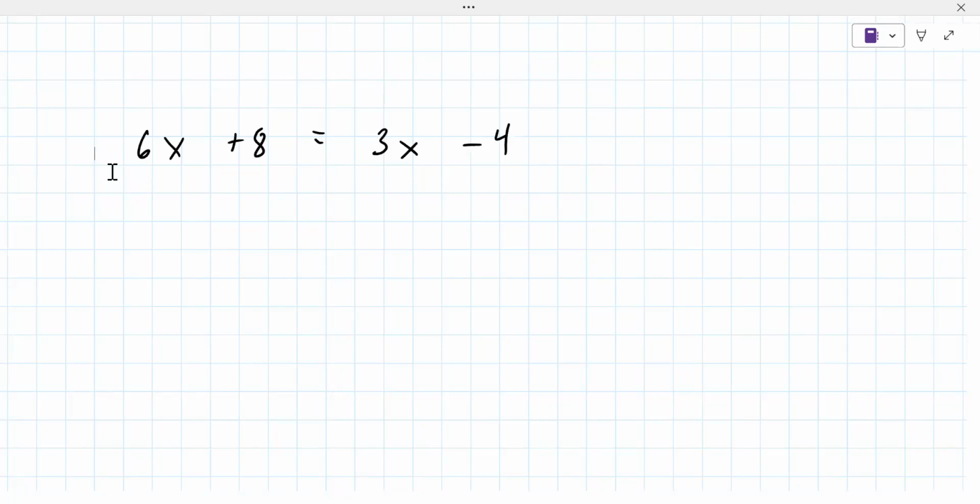Matthew? Matthew, the answer is x equals negative 4.